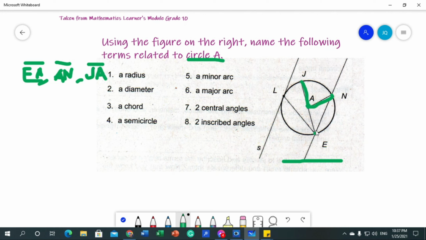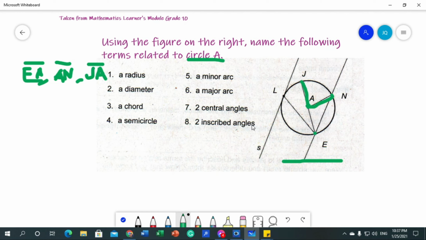So this is the circle and it touches a point in the circle. That's a radius, from the center to any point of a circle. AN is also a radius because it goes from the center to a point of the circle. AE or EA is also a radius because it goes from the center to a point of the circle.